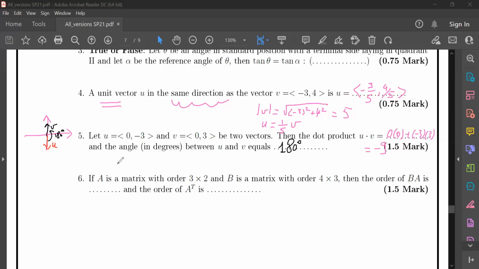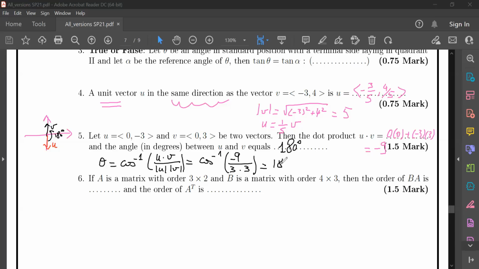Or we use the definition. The angle theta is cosine inverse of U dot V over magnitude of U times magnitude of V. It's cosine inverse of U dot V, already computed, minus 9, over the magnitude of U, which is 3, times the magnitude of V, which is 3.